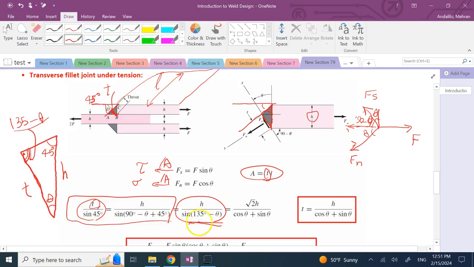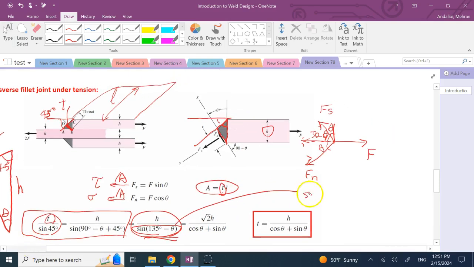Why? Because sine of 135 minus theta, as you know, is going to be sine of 135 times cosine of theta minus cosine of 135 times sine of theta. And as you know, sine of 135 is square root 2 over 2, and cosine of 135 is negative square root 2 over 2.